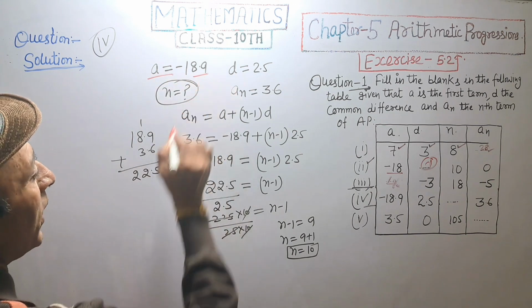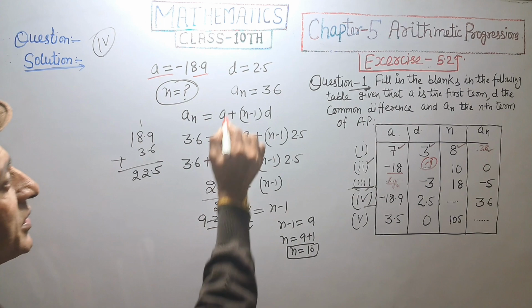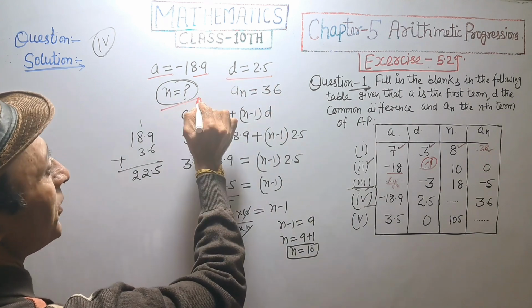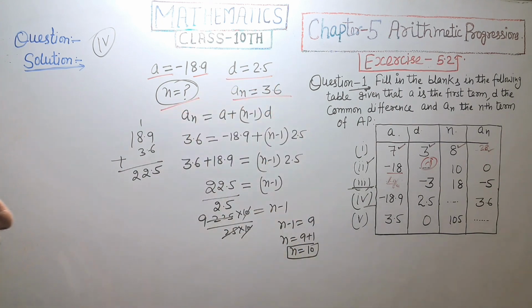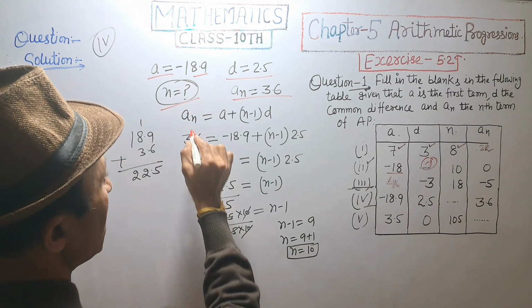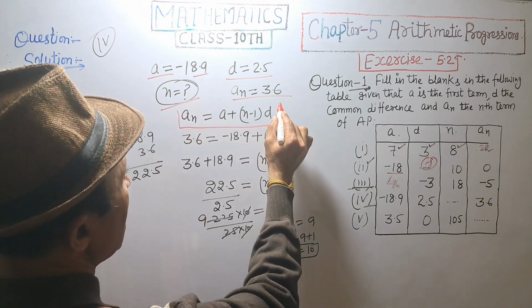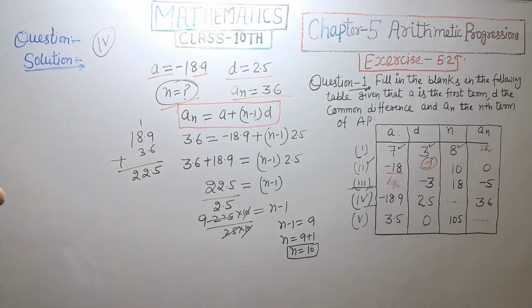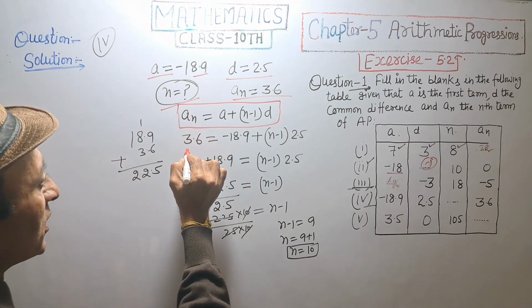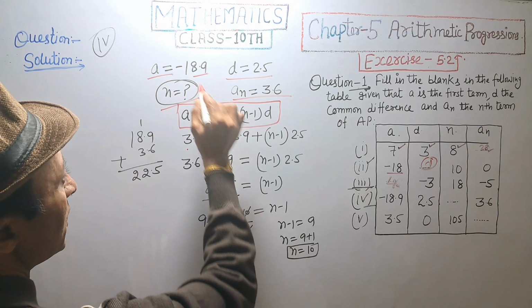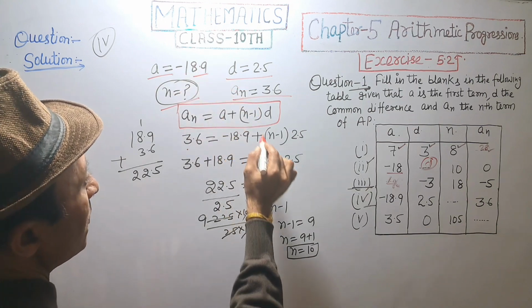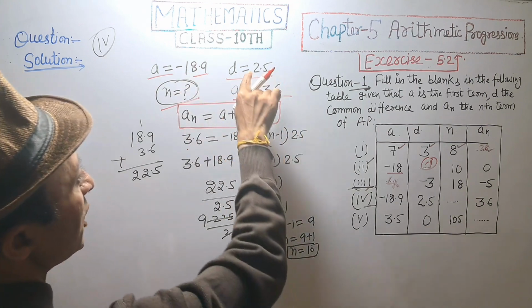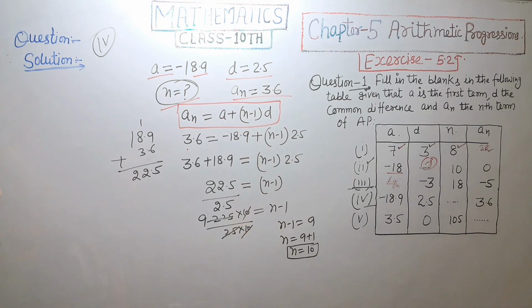Given A is equal to minus 18.9, D is equal to 2.5, and we want to find N, An is given 3.6. As An is equal to A plus N minus 1 into D, put An as 3.6, A as given minus 18.9, plus N minus 1 into D, 2.5.